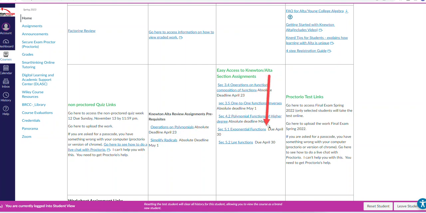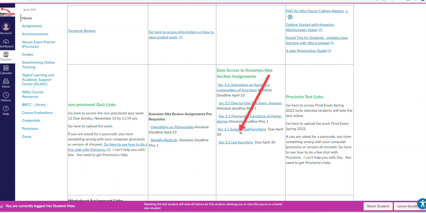Okay, sections 5.1 and 5.2 are due April 30th. Those are not the absolute deadlines. That's just when the scores will be sent to Canvas. None of you have gotten 100% on 5.1 and 5.2 yet. So I don't know if you've started working on it, but none of you have gotten 100% yet.